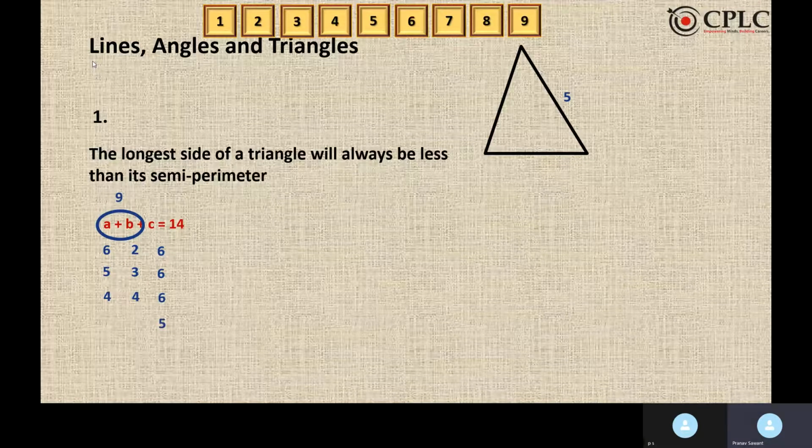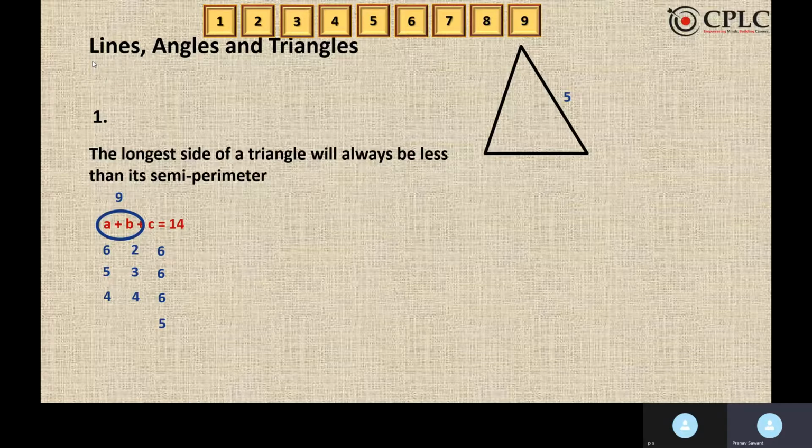Because if you take any other value, that is 7, it won't be possible for a triangle to be formed because in that case it will contradict the property, as 6 is the longest side and it's C, hence 7 is not possible.